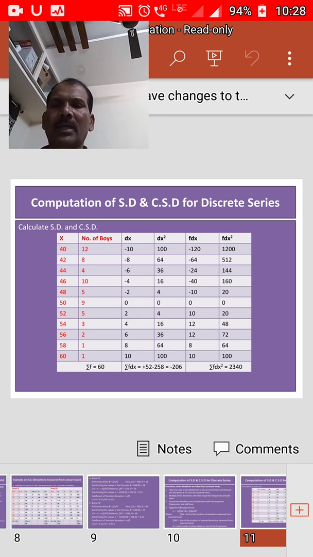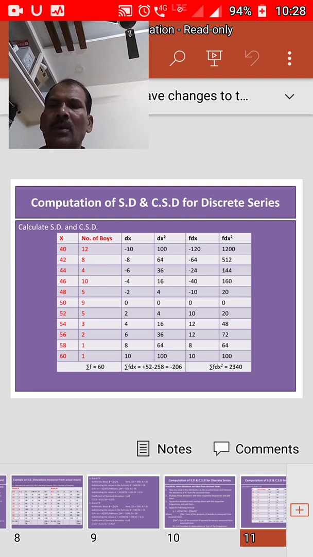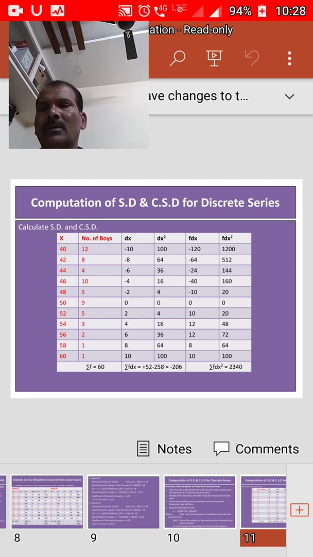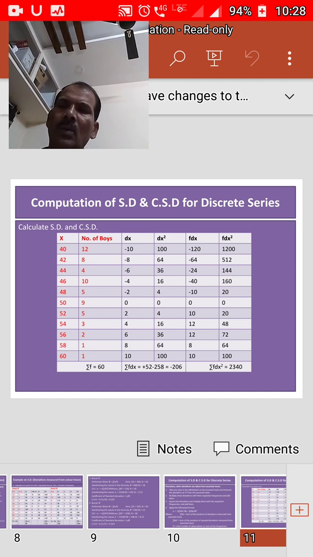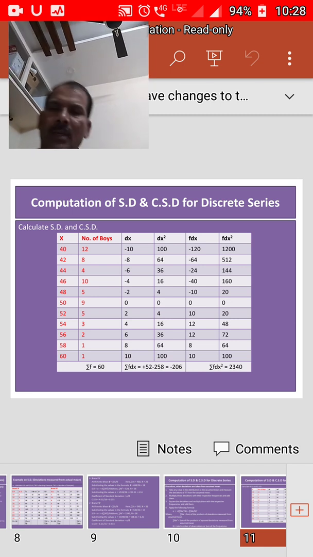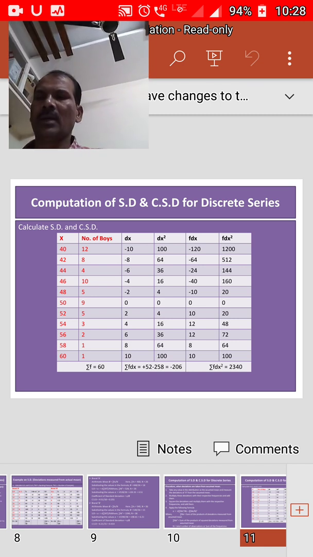Sigma f dx is the product of frequencies with the deviations dx, with minus and pluses, and you will get minus 206.